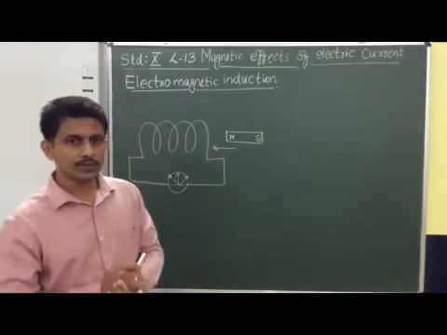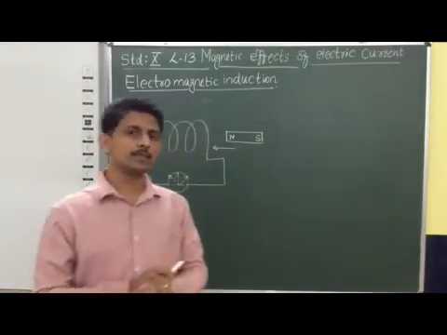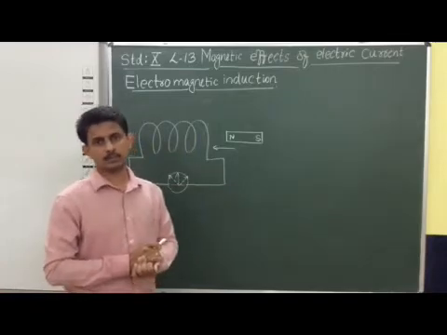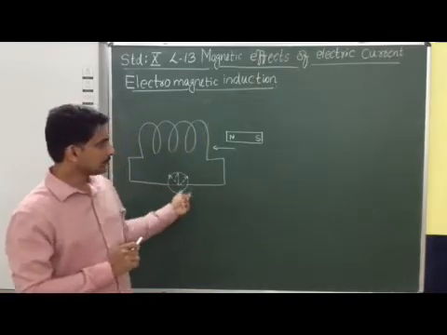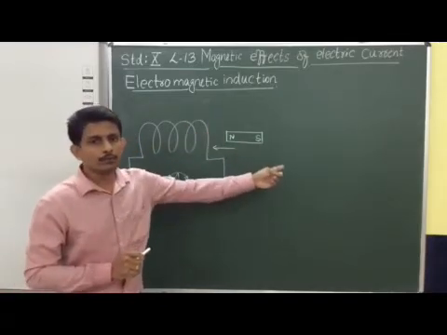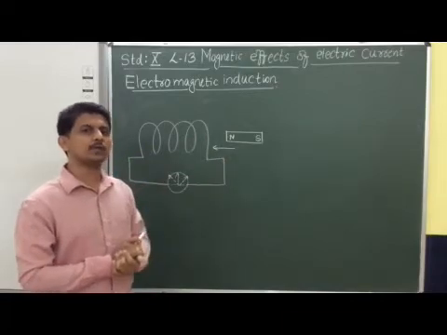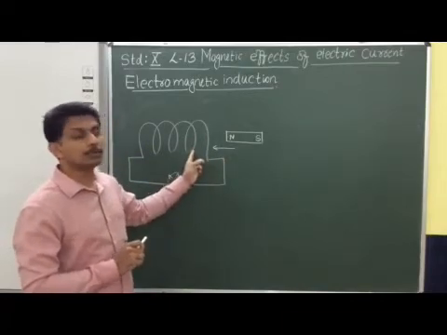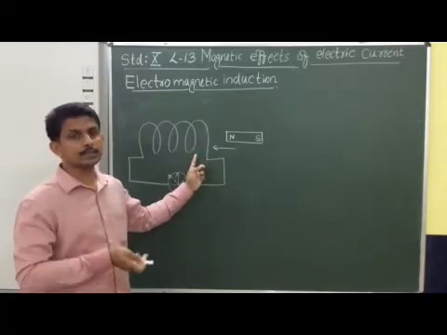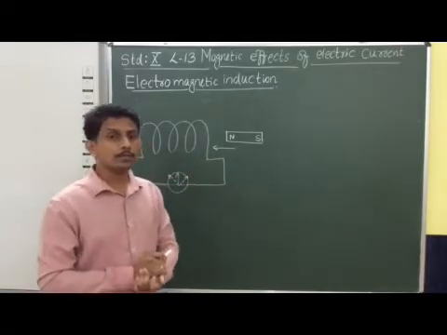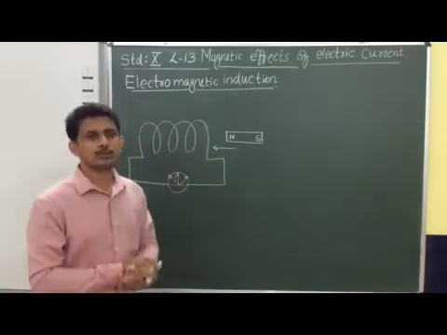A galvanometer will show a deflection only in the presence of an electric current. So it is clear that when this magnet is moving towards the coil or away from this coil, current is produced in this coil. So we can say that a current or an EMF is induced in this coil.